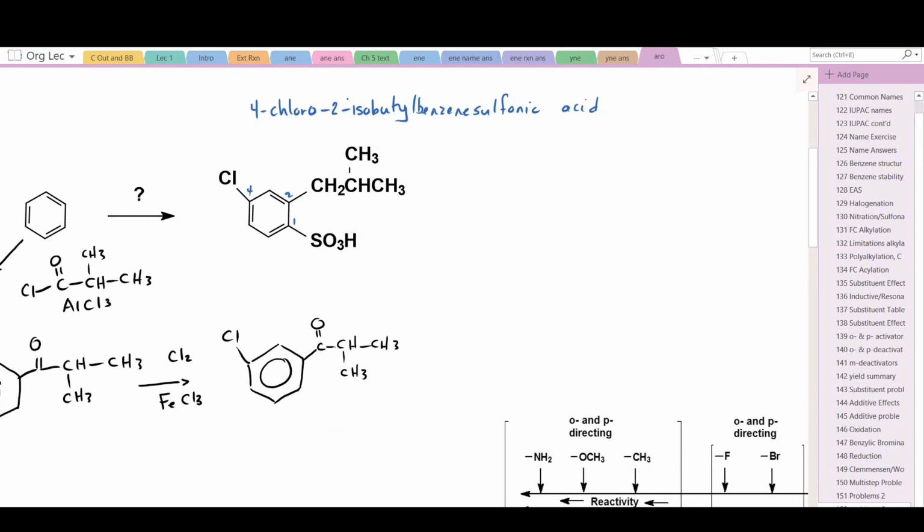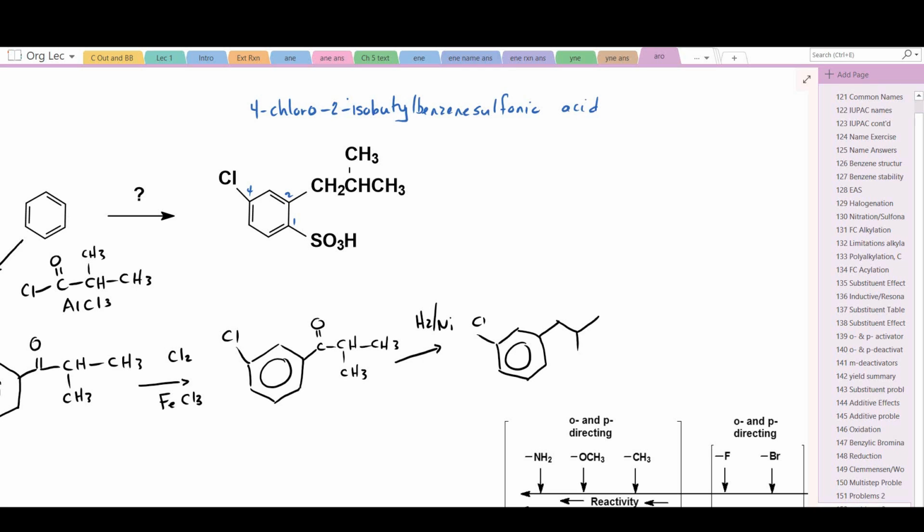At this point we could reduce the acyl group using hydrogen on nickel, palladium, platinum, etc. Recall that this reduction catalyst will not reduce the unsaturation in the ring. But it will reduce carbonyls to methylene groups.